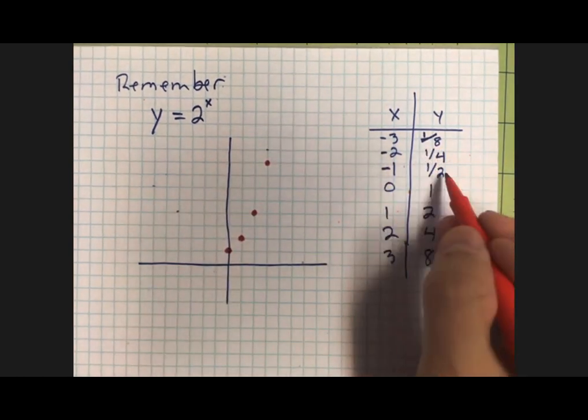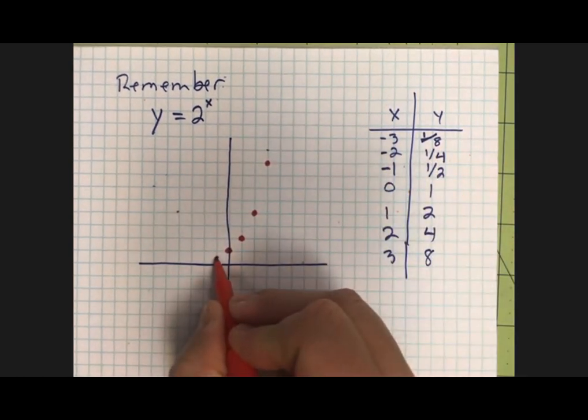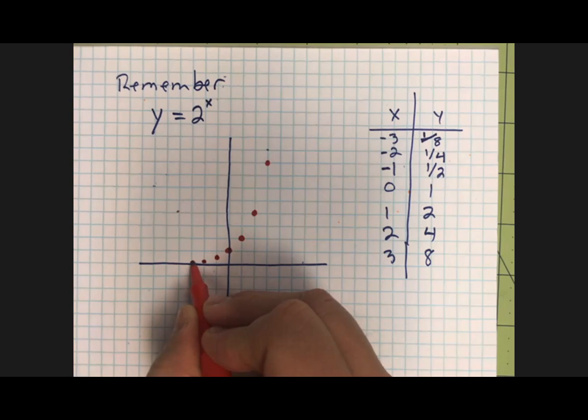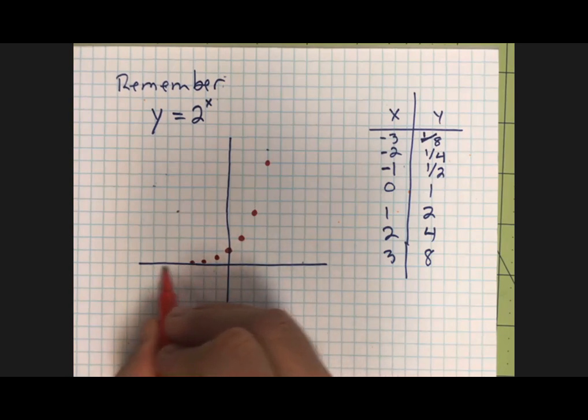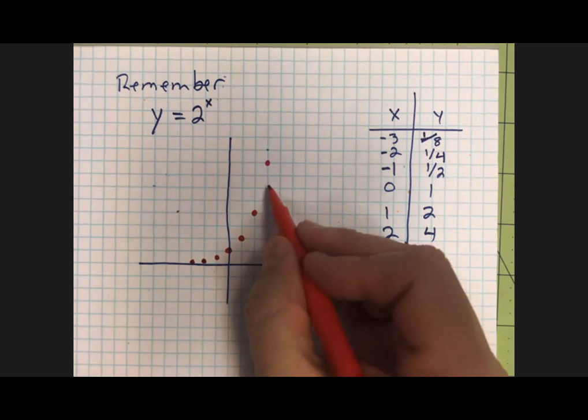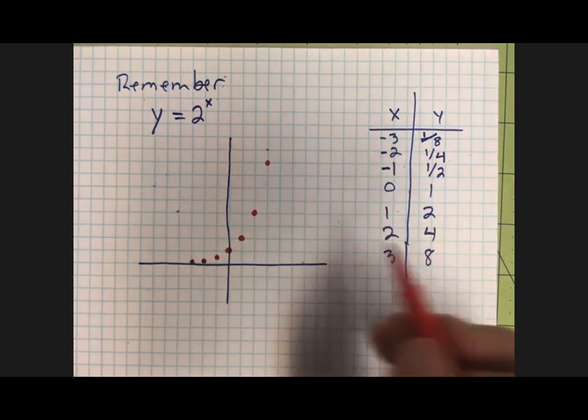But these tiny ones are hard to draw too, because first I cut it in half, then I cut it in half. If I keep cutting something in half, it'll get so small that I can't tell the difference between that and 0. So I'm not going to draw lots of these. I'll just draw these. And that's a good shape right there.